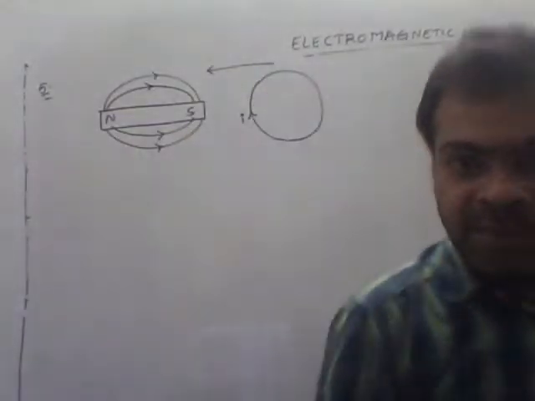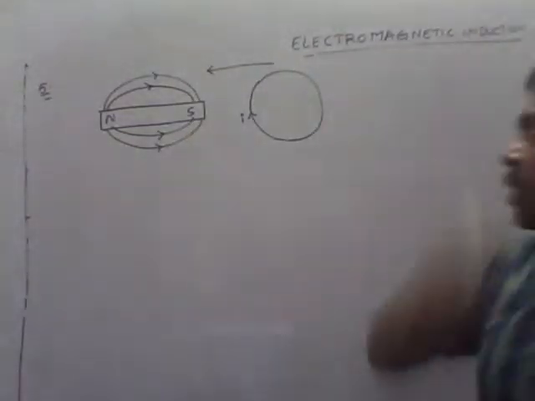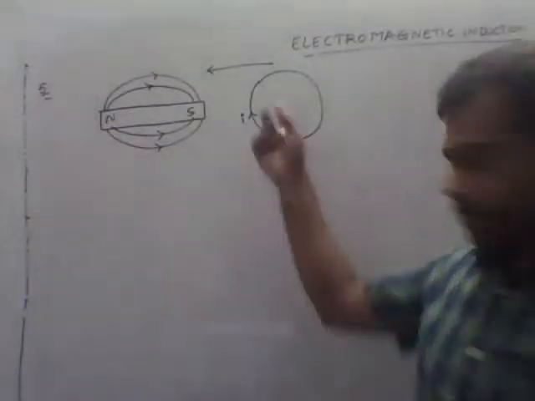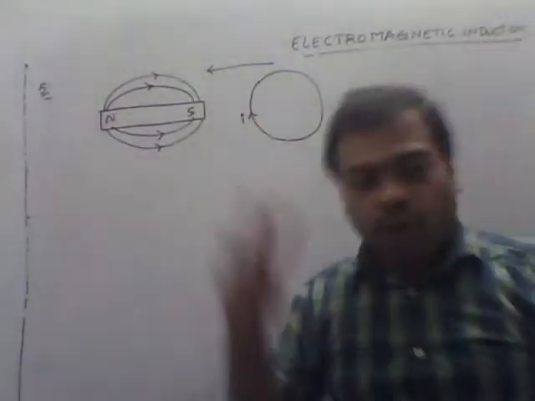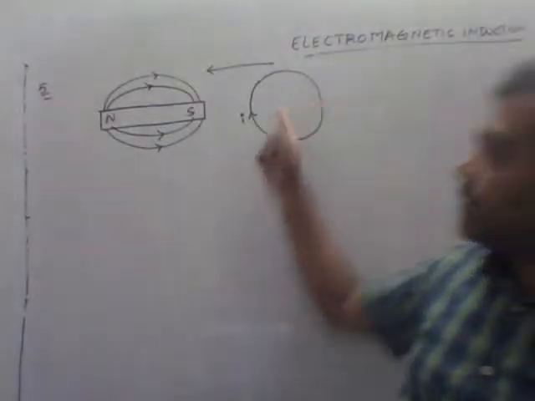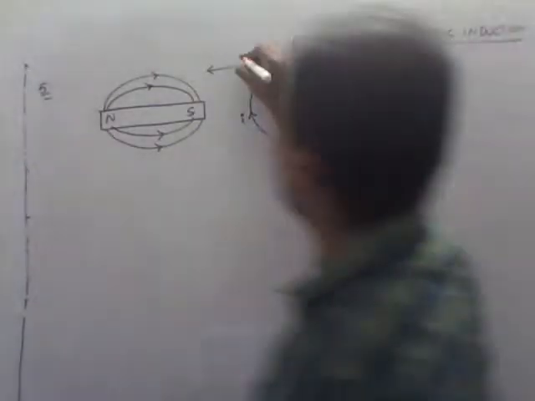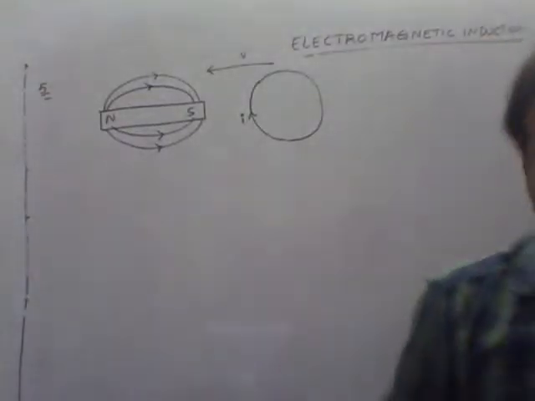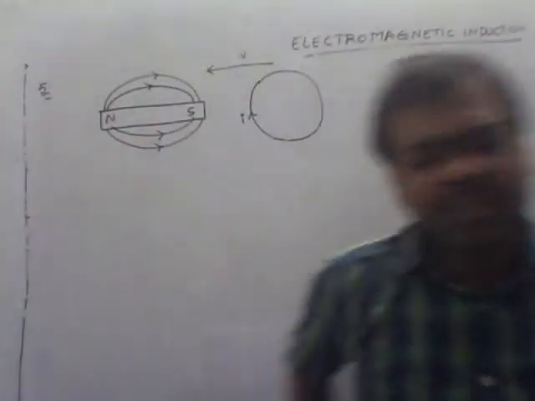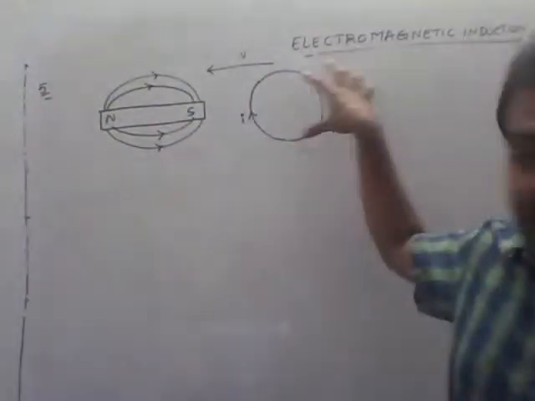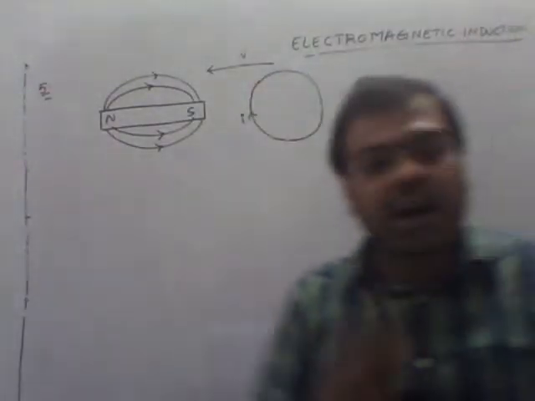In this case, since the coil is moving, let us consider it is moving with a velocity v. We'll consider the coil is moving with a uniform velocity or in a straight line.